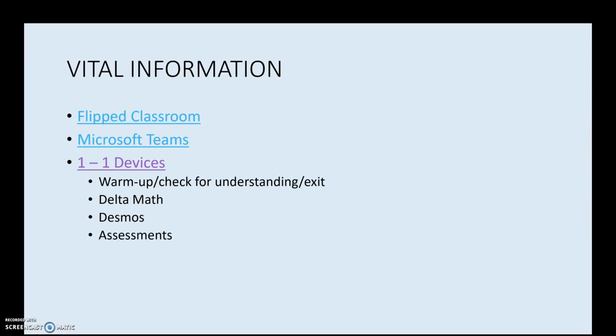Delta Math and Desmos are two very useful websites we use throughout the course of the year. Desmos is a graphing software. Delta Math is another platform that I can create individualized topics for students to work on. We use the devices to assess students during class.